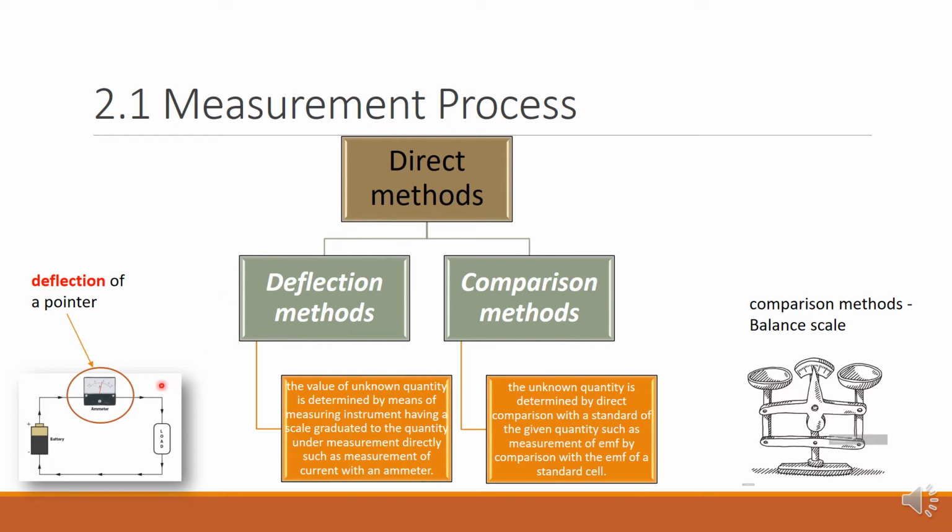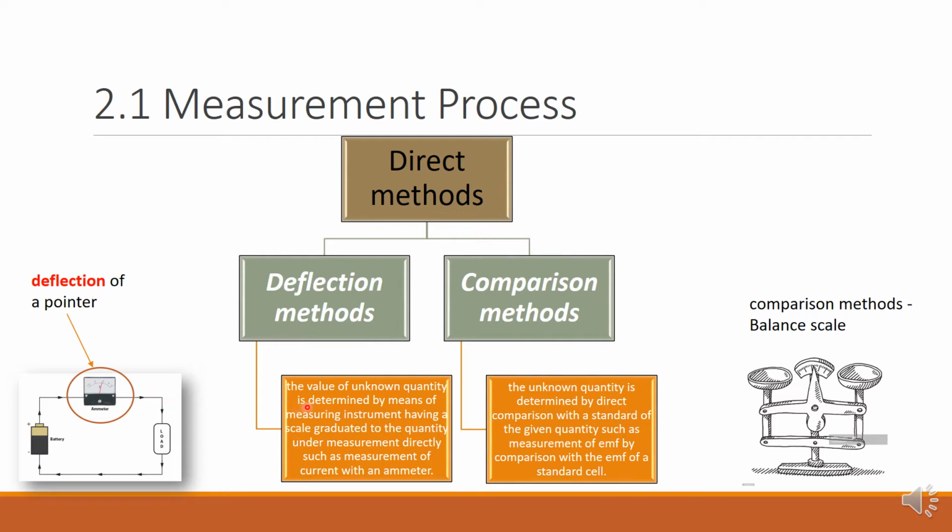That means if you have an instrument to measure, for example, your current, you should be able to get the value of your measurement directly by reading the scale or the display of your instrument. Direct methods can be classified into two categories: deflection methods and comparison methods.